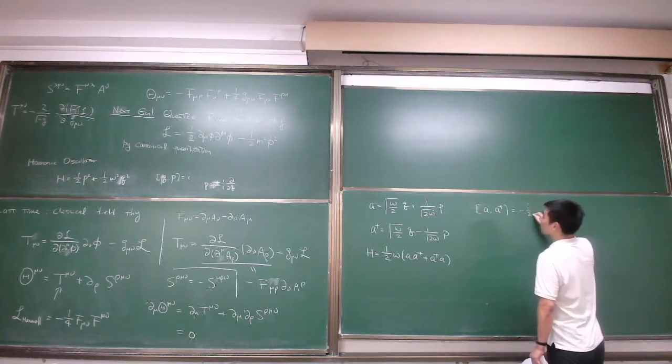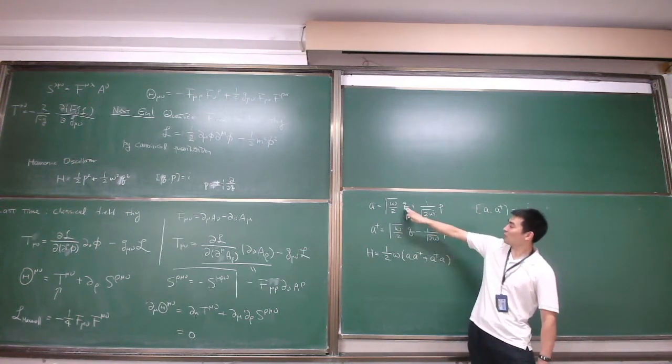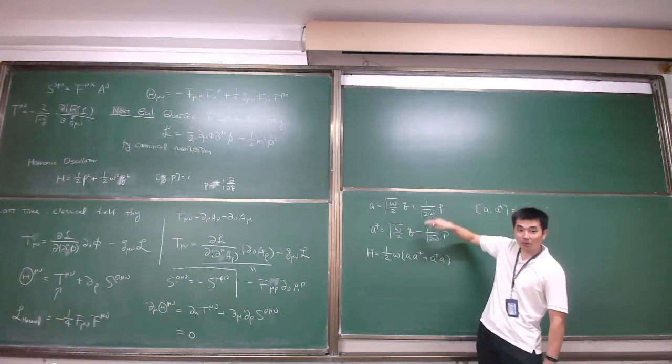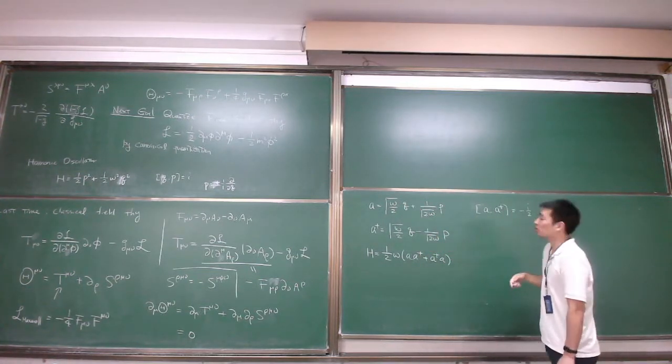Q itself commutes, P itself commutes, so what's important is the off-diagonal commutation.